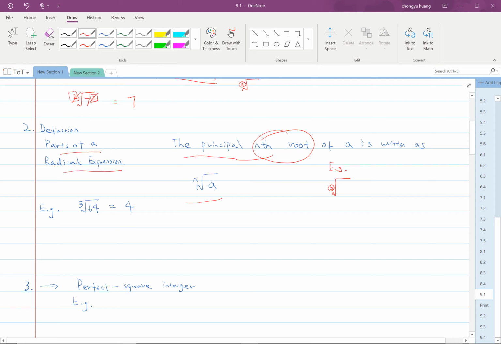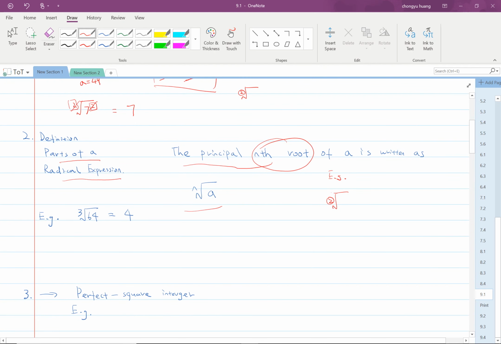But if there's something over here, suppose we have something like 3, or something like 4, then it is what it is.